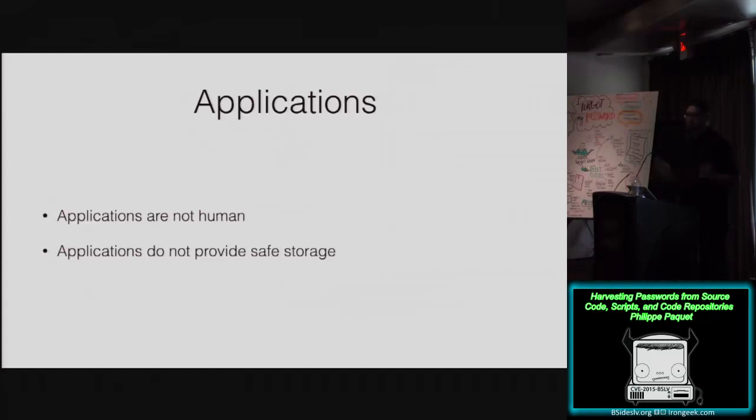Maybe you're one of the lucky few that actually do have a TPM for your application, but most people don't. So right now, your developers are going to use an authentication method that is designed for humans with an application. And to me, that's the root of it all. We're using an authentication method that is not adapted to the problem.